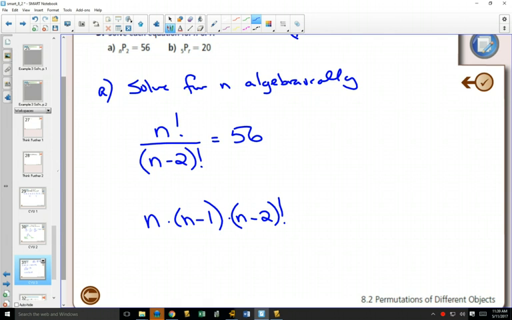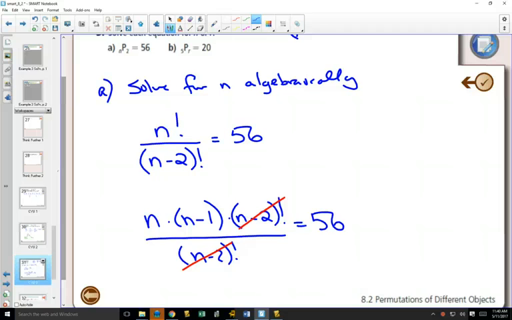Does that make sense? On the top, it's going to be n times n minus 1 times n minus 2, and it would keep going all the way down to 1. And I can show that by just putting a factorial on the n minus 2, because that means it would keep going. But I have an n minus 2 factorial on the bottom, so those now cancel out. And that changes my equation to just n times n minus 1 equals 56.